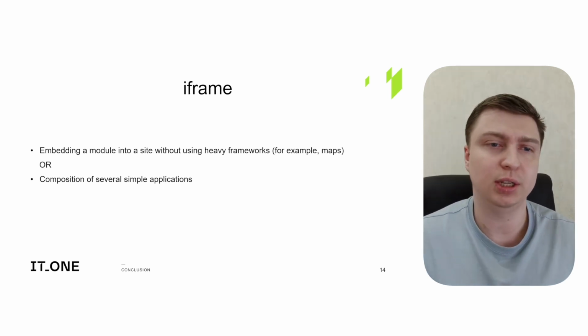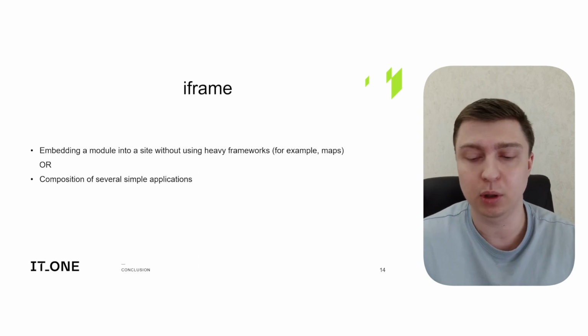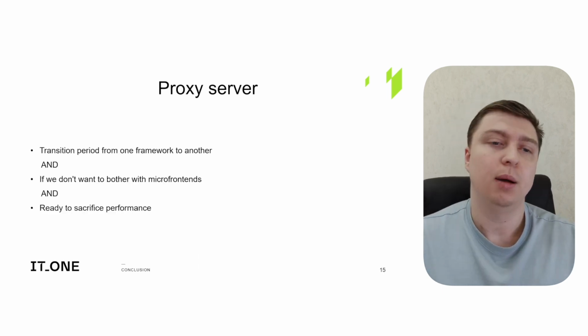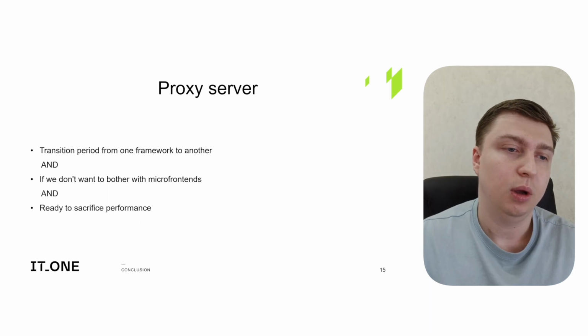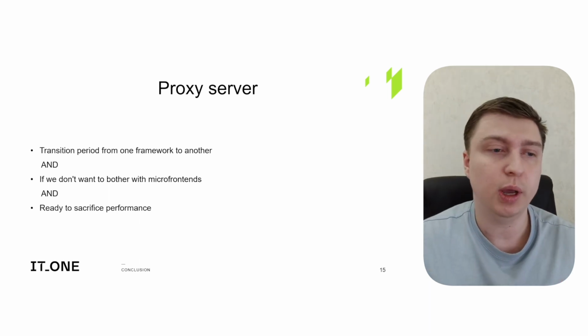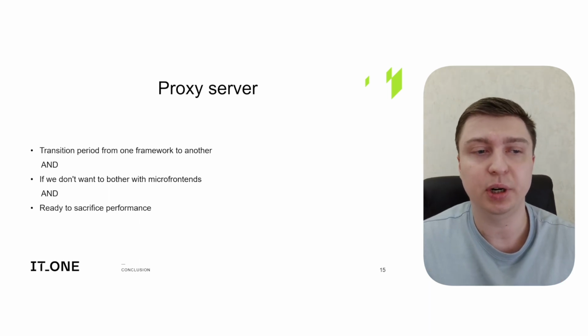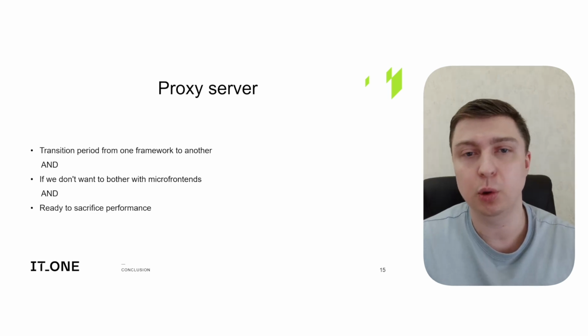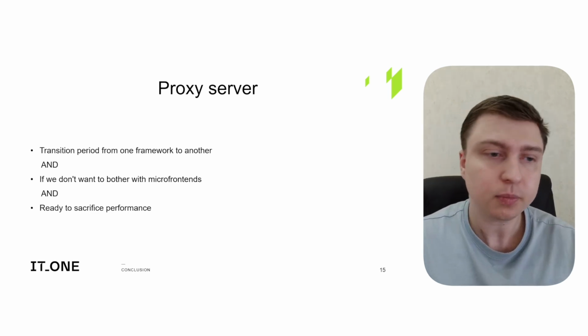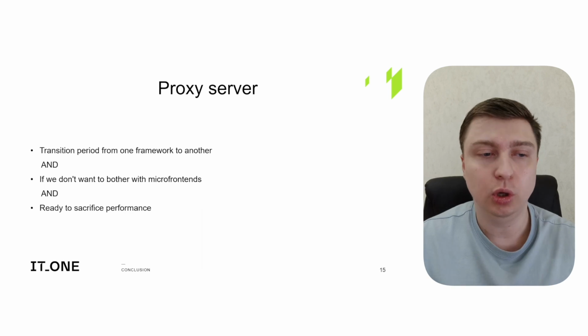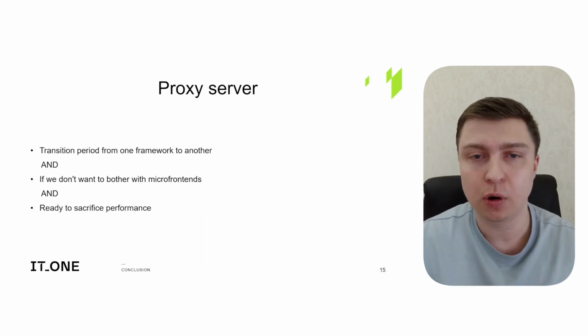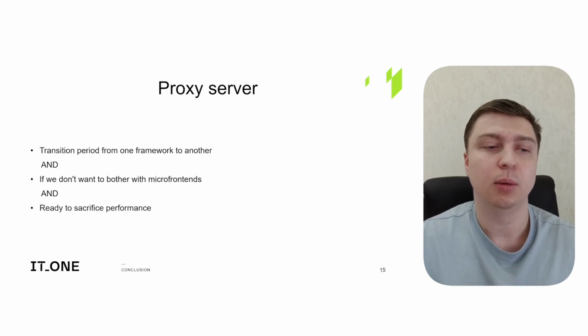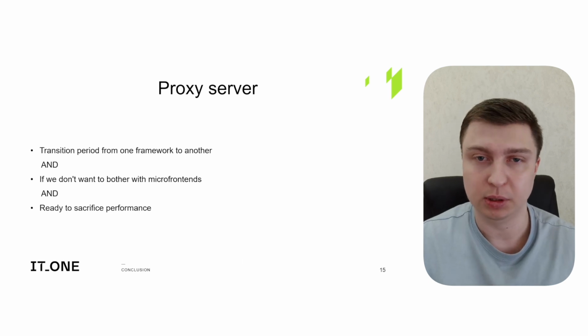You may just use iframe and it will be good for you too. Proxy server. It's a good decision when you have a transition period from one framework to another, and you don't want to bother with Microfrontends and are ready to sacrifice performance shortly.